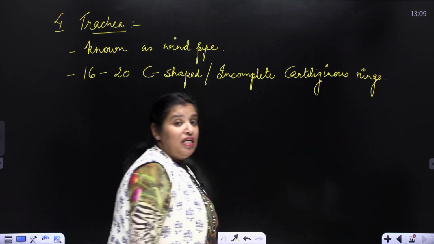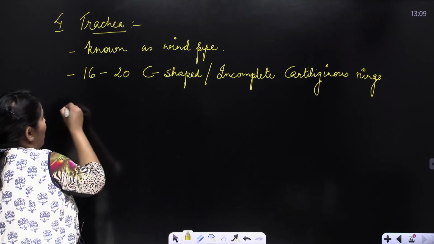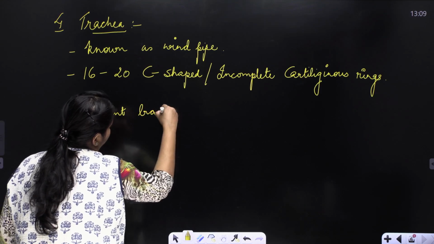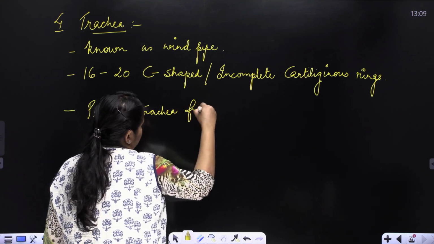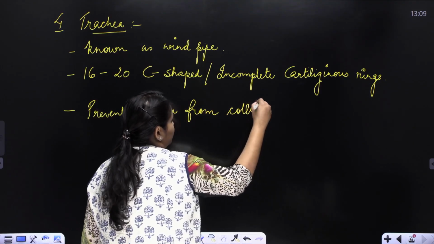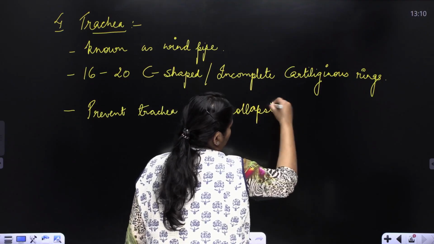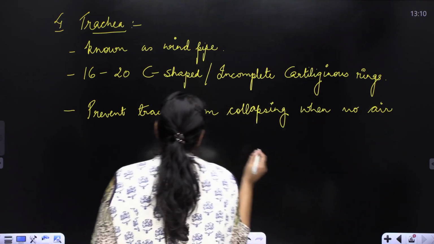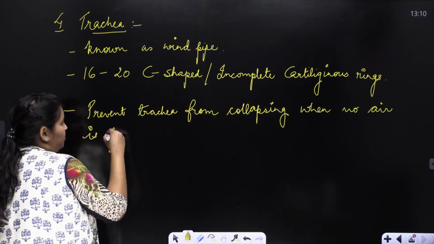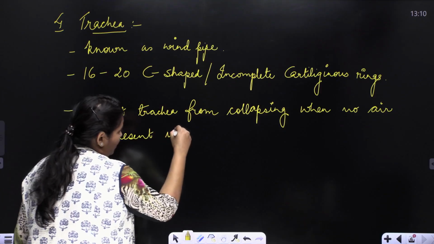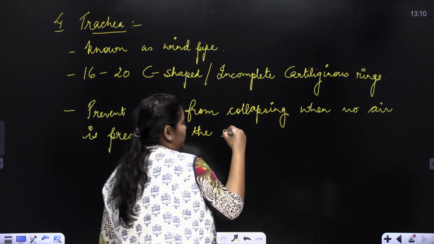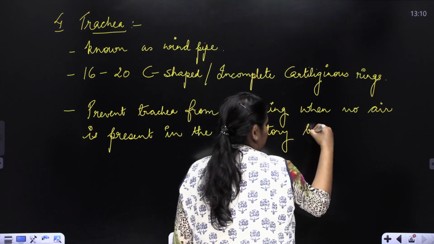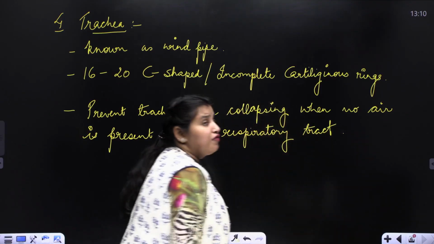All right. It has incomplete or C-shaped cartilaginous rings. And what are these rings doing? They prevent the trachea from collapsing when no air is present in the respiratory tract. All right. So this is the function of the trachea.